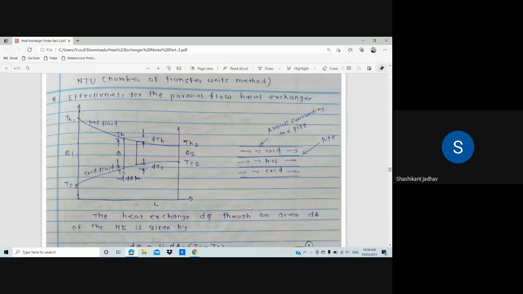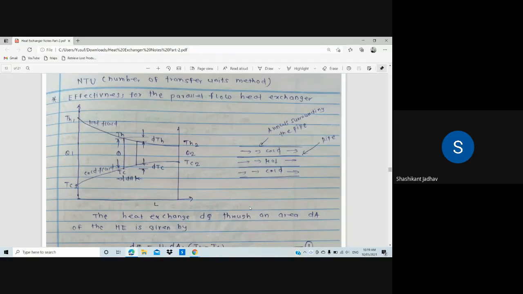Okay, so for the derivation we are considering one small element, and for that small element, what is the area of that small element, that is dA. So at that small element, what is the temperature of the hot fluid, TH, and temperature of the cold fluid is TC. Okay, so whatever the small elemental area we have considered, in that area the hot fluid temperature reduces by dTh and cold fluid temperature increases by dTc.